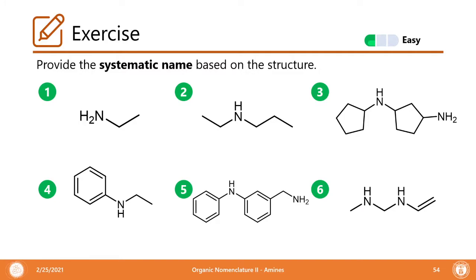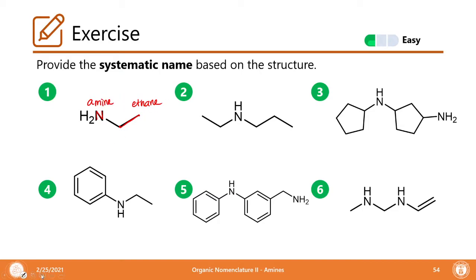Let's do some examples. So let's try number 1. Let's look for the priority functional group. That would only be the amine, nitrogen. And then we have 2 carbons for the longest chain, ethane. And then we have the amine.